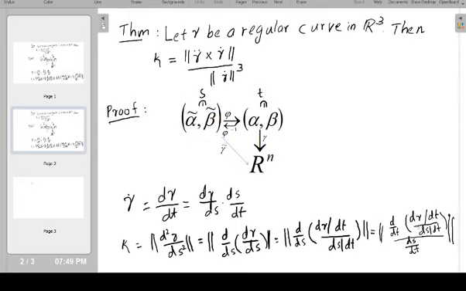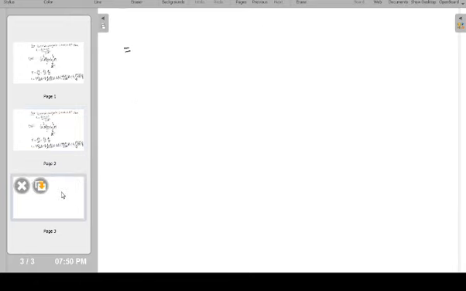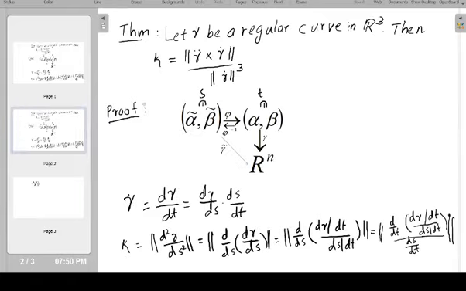So the denominator is ds by dt, into the derivative of the numerator, d by dt of d gamma by dt, so it is d square gamma by dt square. So equal to ds by dt into d square gamma by dt square, minus numerator into derivative of the denominator.